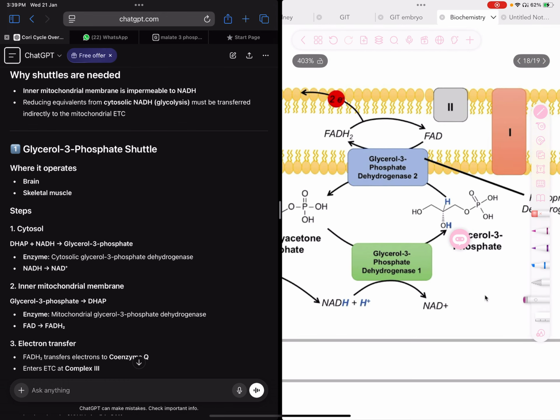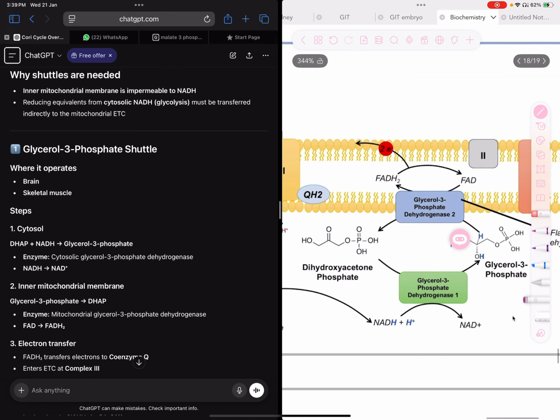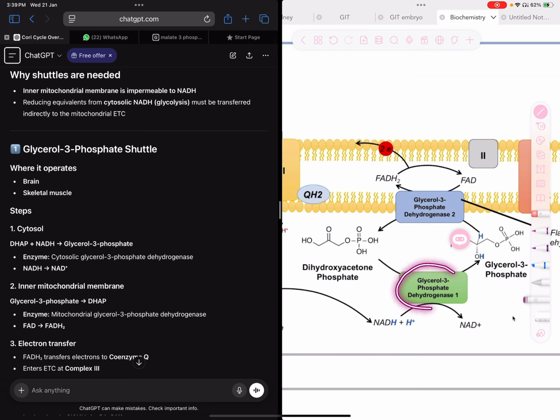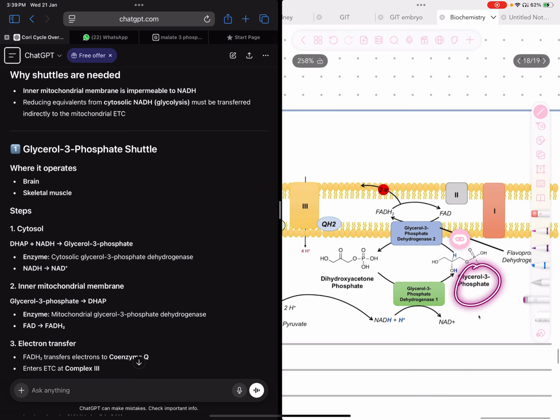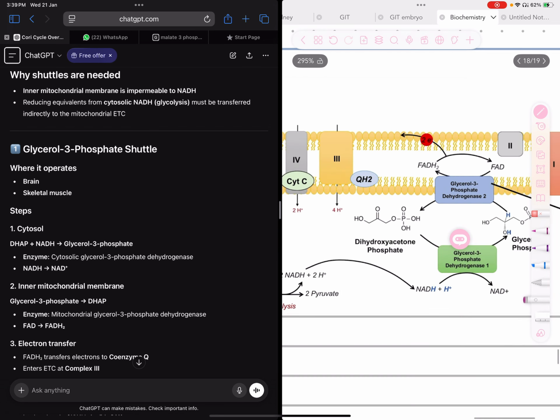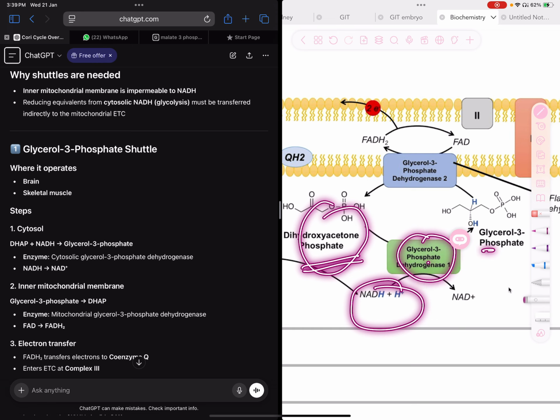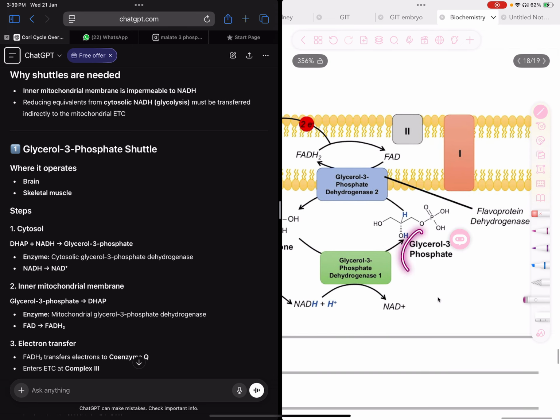They come together and get converted in the presence of this enzyme, cytosolic glycerol 3-phosphate dehydrogenase, into glycerol 3-phosphate. The first step is to make glycerol 3-phosphate, since this is the glycerol 3-phosphate shuttle.